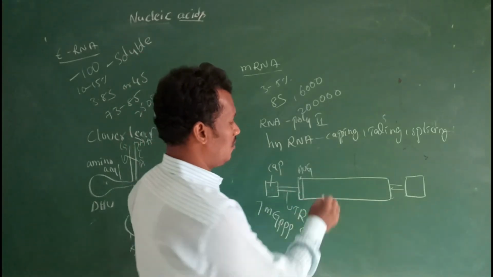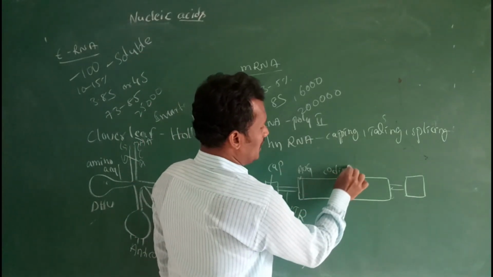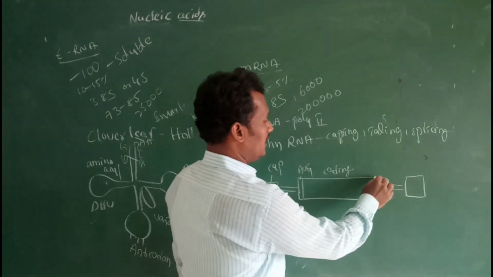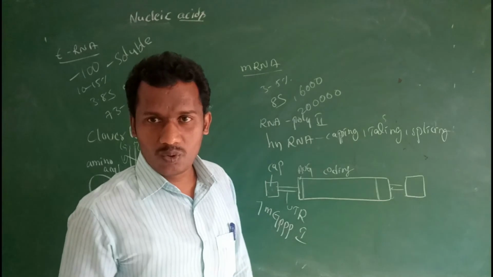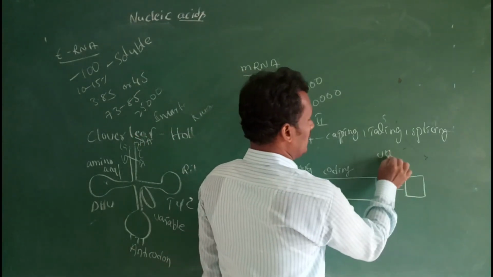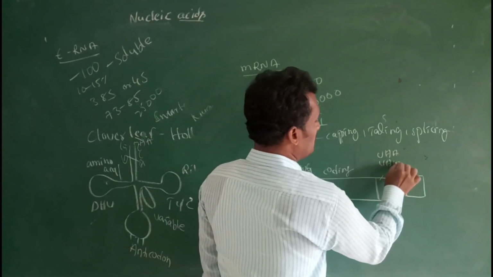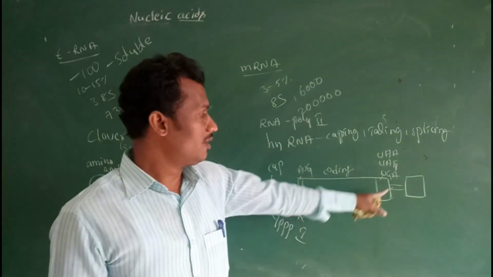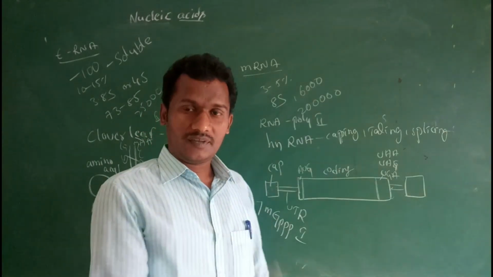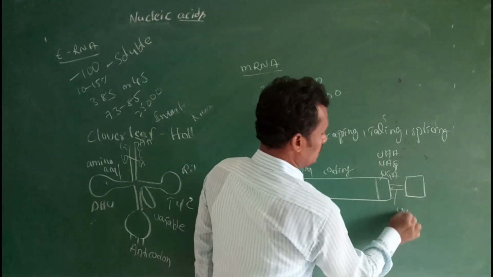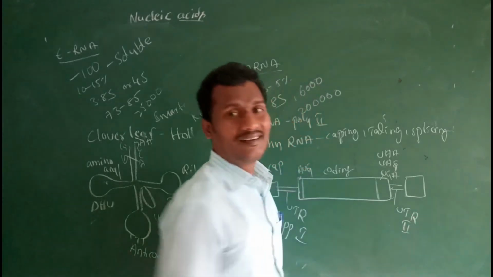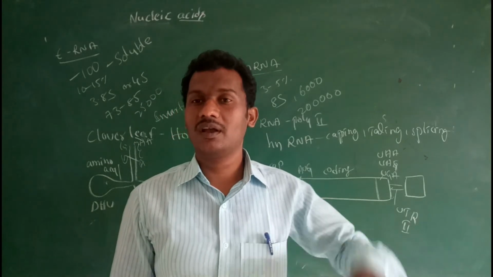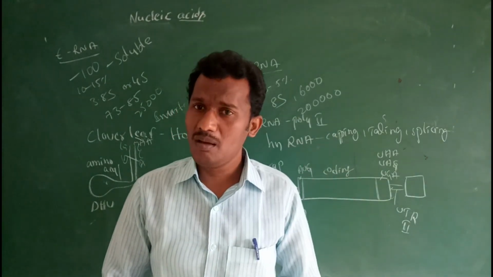After it, the entire coding sequence is present. Then the termination codons are present: UAA, UAG, and UGA. After the termination codons comes untranslated region 2, UTR2, a non-coding sequence that is useful for effective translation.